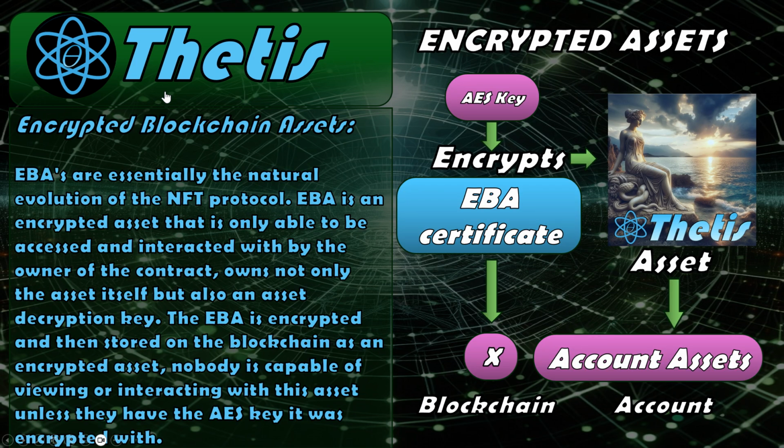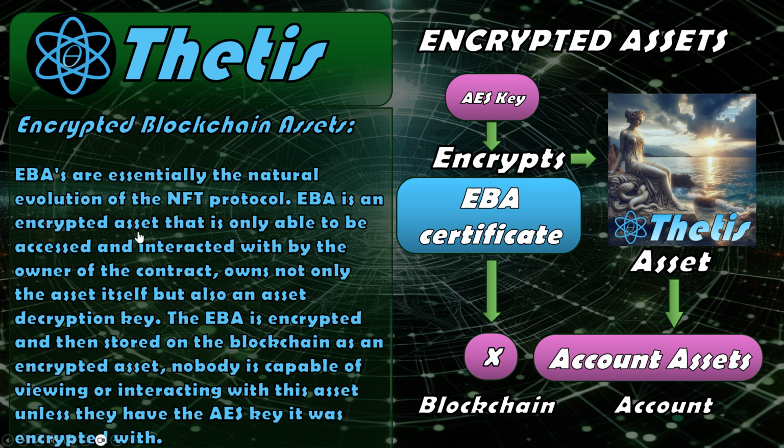So the next slide here, we're going to be talking about encrypted blockchain assets. This is another unique thing to the Thetis block matrix. And what is that exactly? EBAs, or encrypted blockchain assets, are essentially the natural evolution of the NFT protocol.